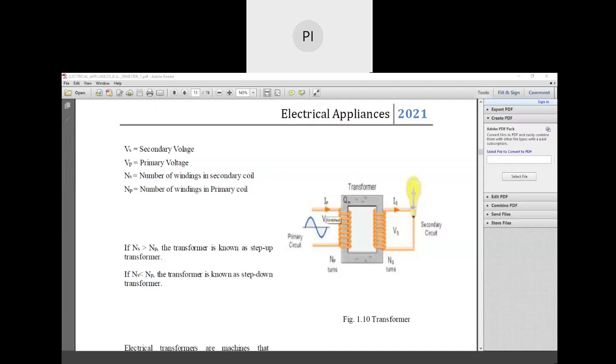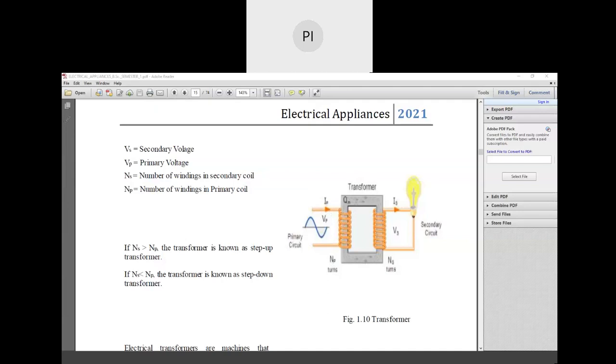In the same way, we get electric power from the 33 kV power station to our homes. Every village has a transformer. The primary circuit is connected to 33 kV.